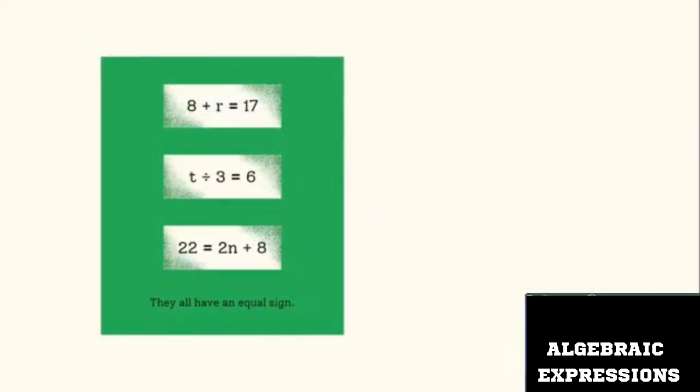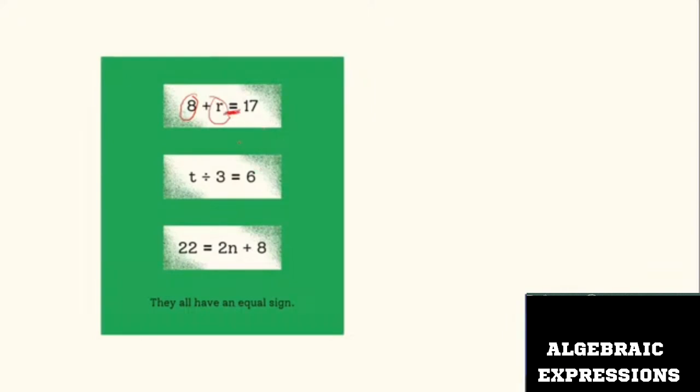Now we have these type of problems. These ones are different from your general algebraic expressions. You can see that they have a number. Like for example, in the first one here, we have 8. This is a number. Then we have r, which is a letter or a variable or an unknown. And now we have another sign which has been introduced, which is the equal sign.